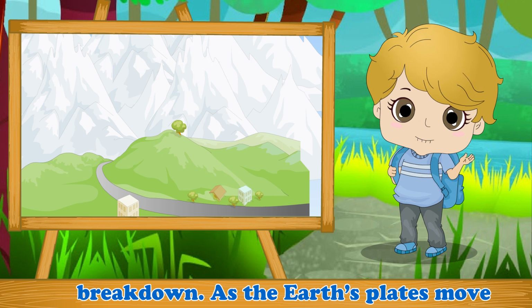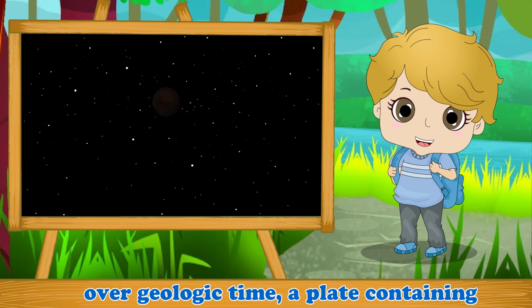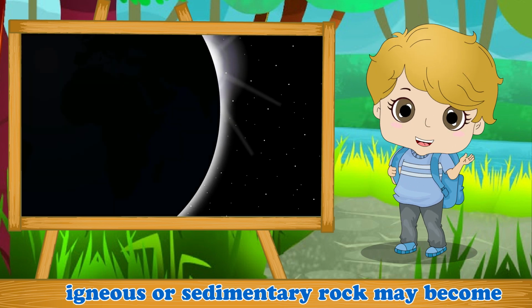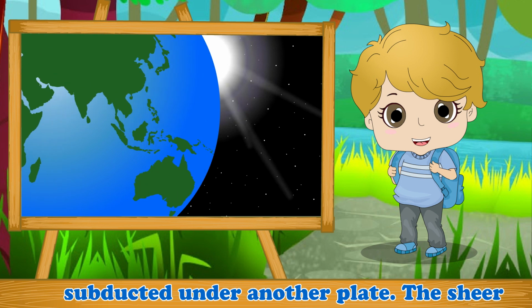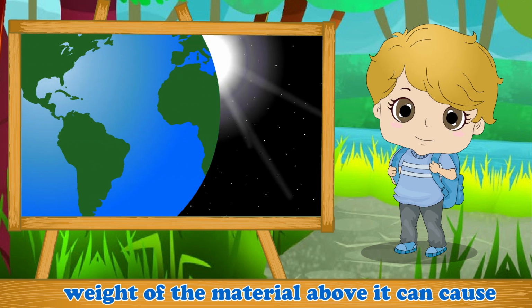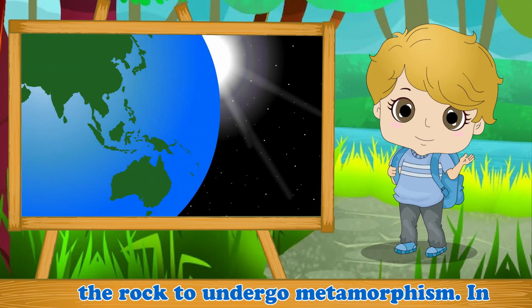As a consequence, metamorphic rocks are always more dense than their original material, and also much less susceptible to erosional breakdown. As the Earth's plates move over geologic time, a plate containing igneous or sedimentary rock may become subducted under another plate. The sheer weight of the material above it can cause the rock to undergo metamorphism.